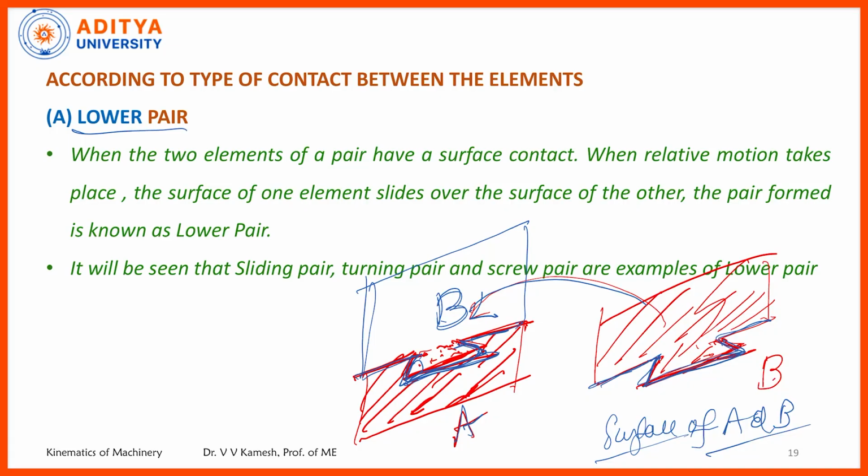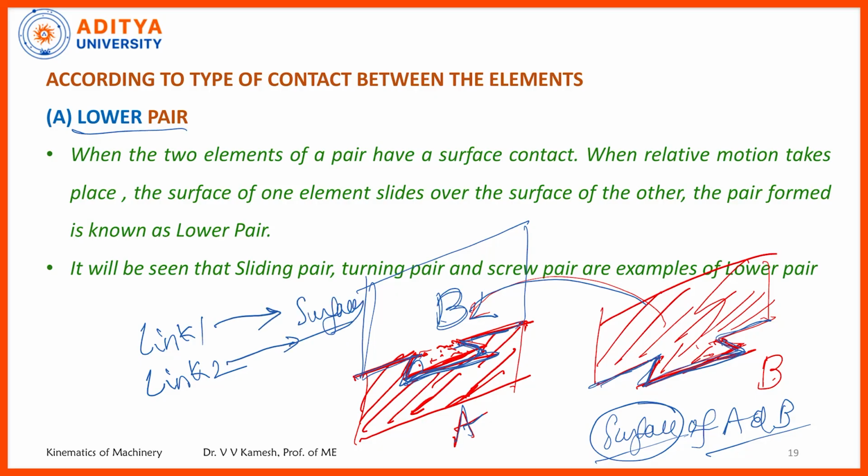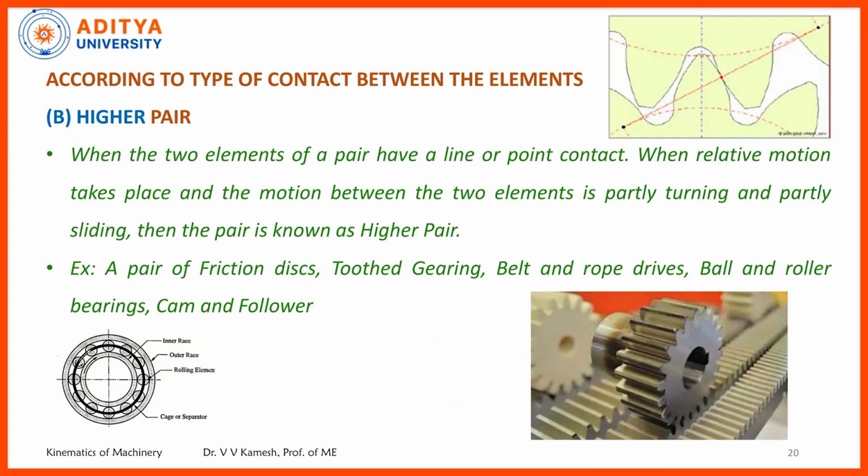So you always have the word surface, so it is a lower pair. That means whenever I have two links, link 1 and link 2, the contact will be between link 1 surface and link 2 surface, then it is called a lower pair.